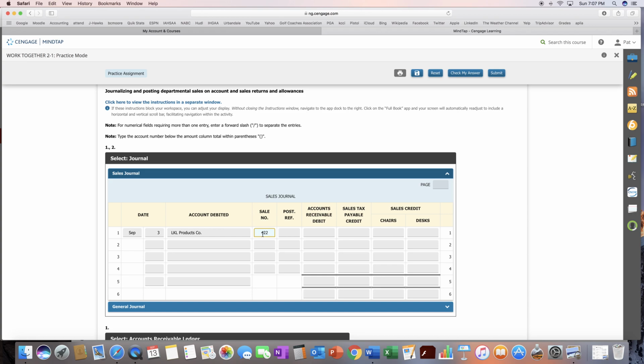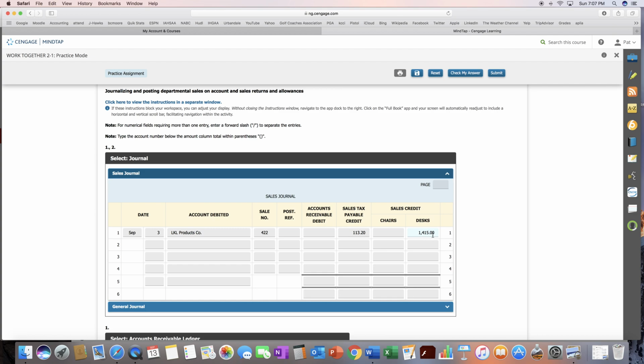It says we made a sale for $1,415 and we sold a desk. To figure out the sales tax, we multiply that by 8%, and this is a sales credit. So then we have the tax, 8%, 113.20.